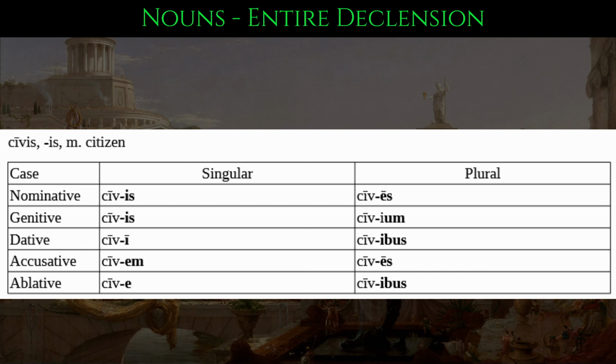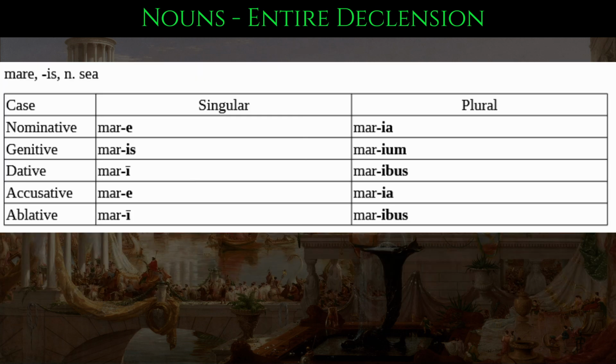Civis, civis, civi, civem, cive. Cives, civium, civibus, cives, civibus. And lastly, for this declension, a neuter example. Mare, maris, mari, mare, mari. Maria, marium, maribus, maria, maribus.